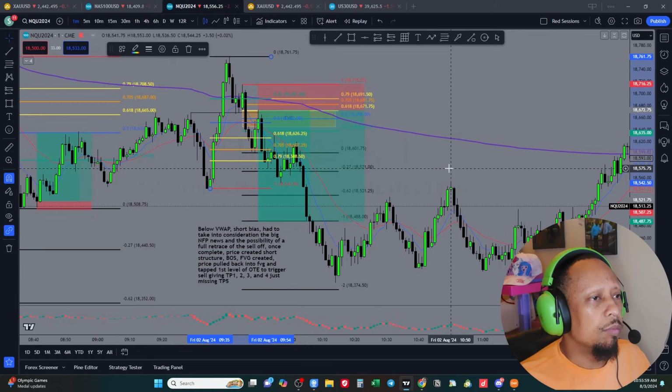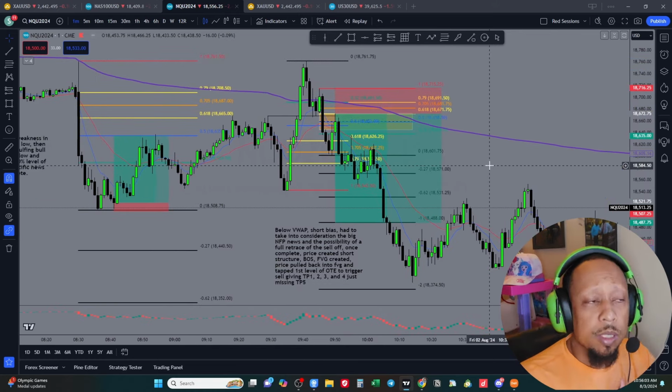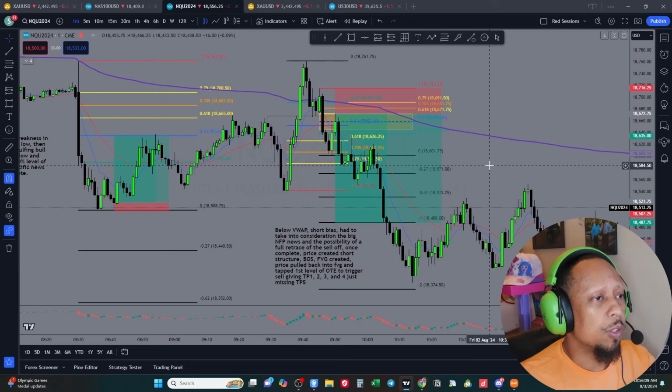So that, had I been focused on my directional bias, this one would have gone, at least for me. I don't know if any of my team members out there took all of these trades, but had I been paying attention to my directional bias, this would have been another 100% strategy for the week.